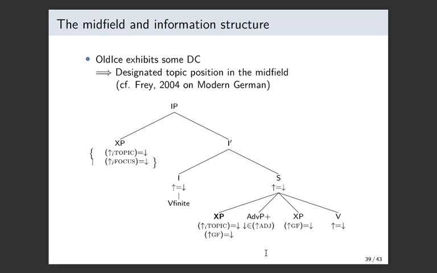And this is interesting because it has actually been suggested for modern German by Frey that modern German has an exclusive topic position in the midfield as well. And he therefore claims that modern German is to some extent discourse configurational. So I think looking at what's going on in the midfield in Germanic V2 languages in terms of information structure is a worthwhile pursuit.